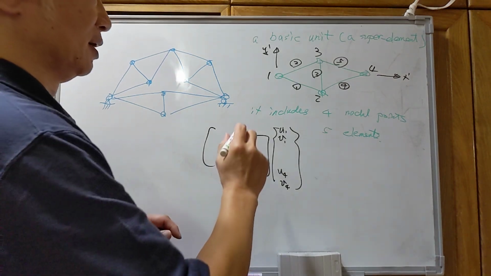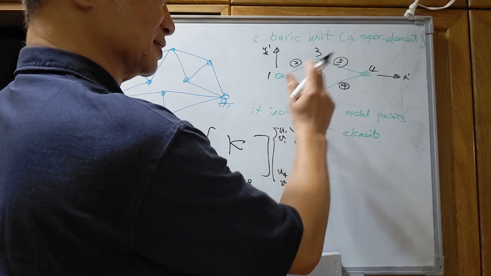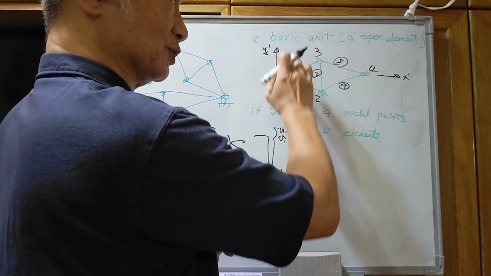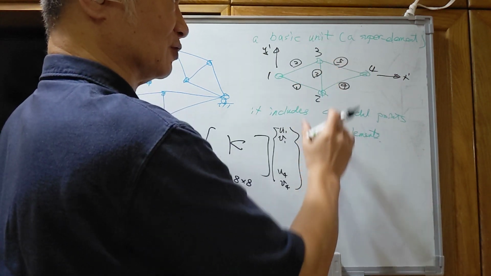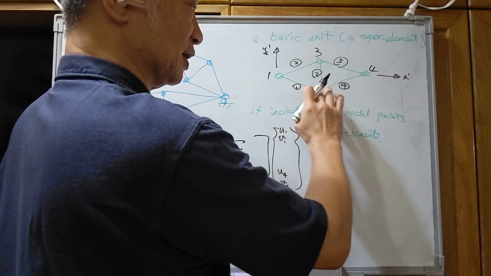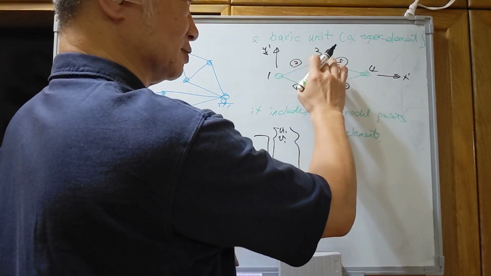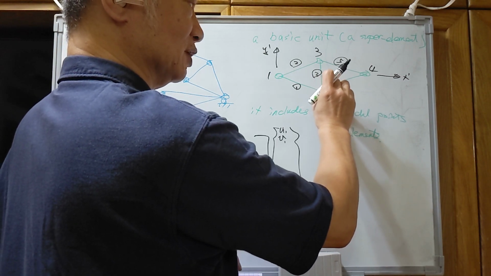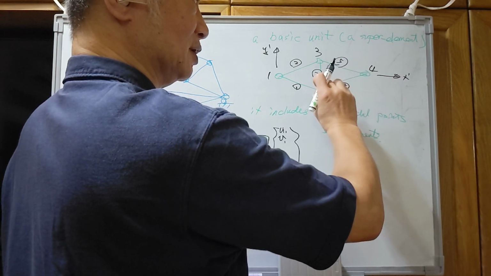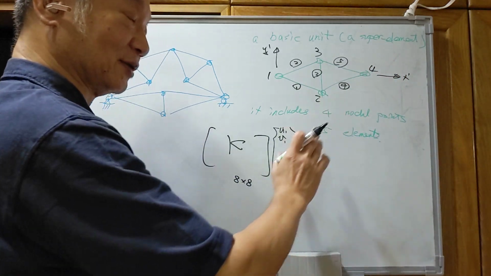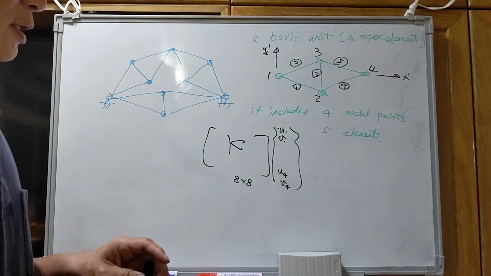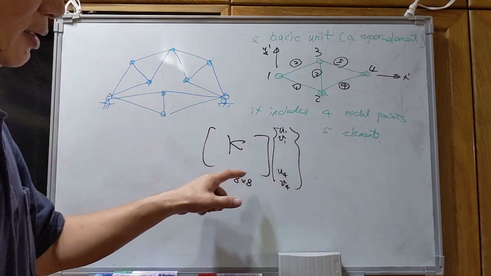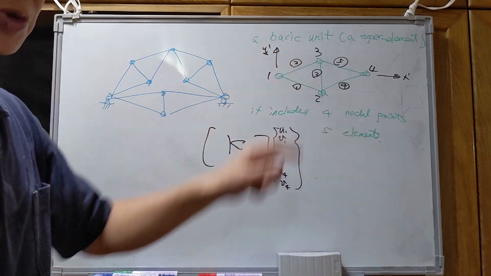That's a coordinate system used only for this unit, and we also have the element coordinate system, defined from node A to node B, the X double prime and Y double prime. So we can assemble the K matrix for this unit.